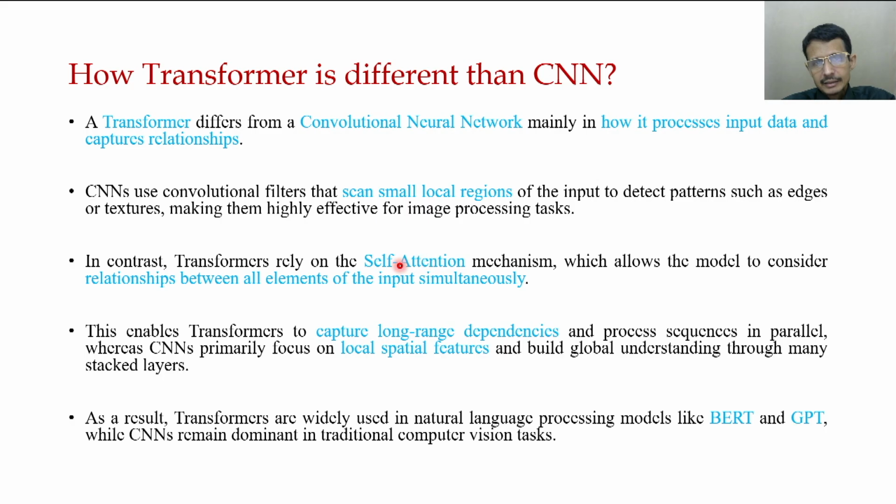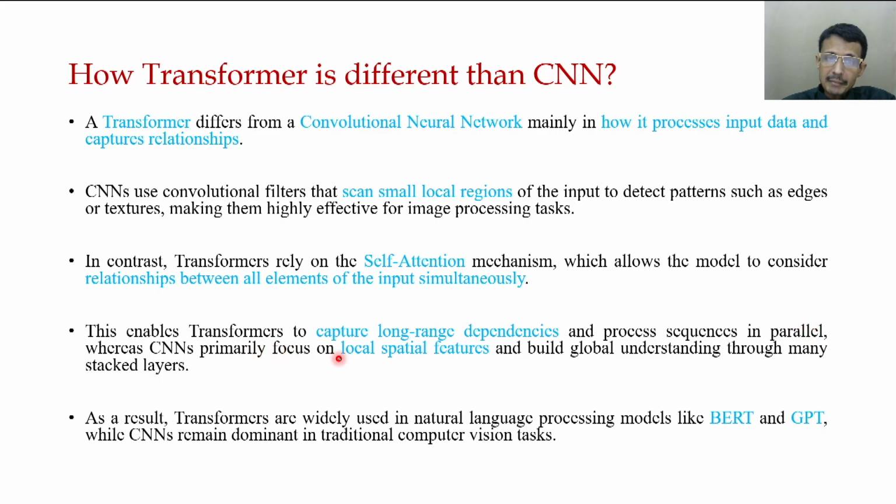So that relationship, or we can say long-term relationship, is much easier to model for the transformer. This self-attention based modeling enables the transformer to capture long-range dependency, because it tries to find the relation between different patches or different words in a sentence and processes the sequence in parallel.